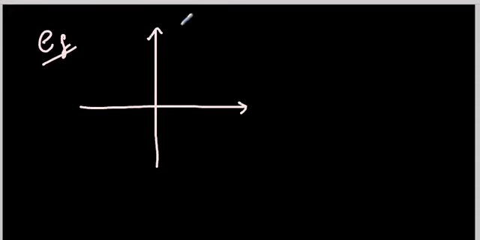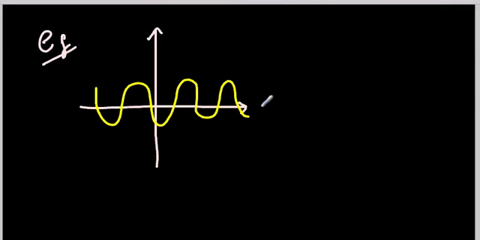Here's my XY axes. And later on, if you get into grade 11 and 12, you learn something known as a sinusoidal equation. This looks like that. Again, this is just another collection of points. There's a number of points all along this curvy line, and that's what makes this a relation.